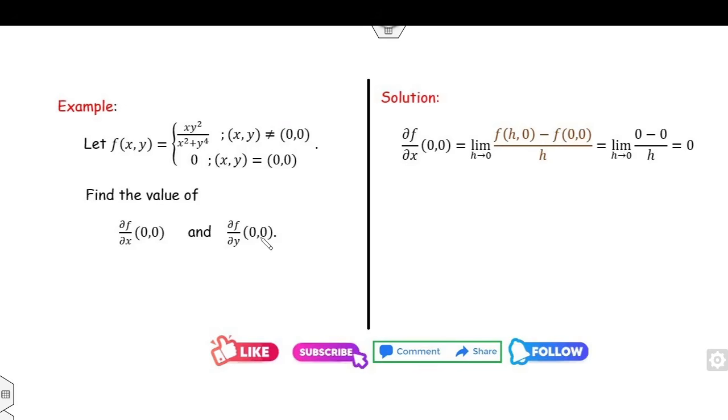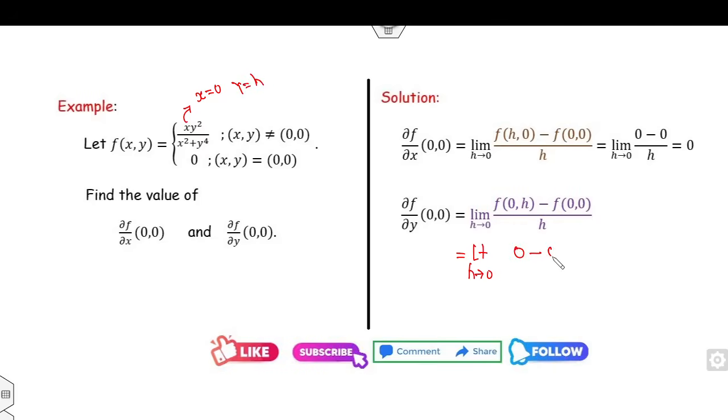Look at the second part. Del f upon del y at the point 0 comma 0. Again you can apply the definition. f of 0 comma h, x is 0, y is equal to h. Answer is 0. 0 comma 0 is also 0. So 0 is the right answer.